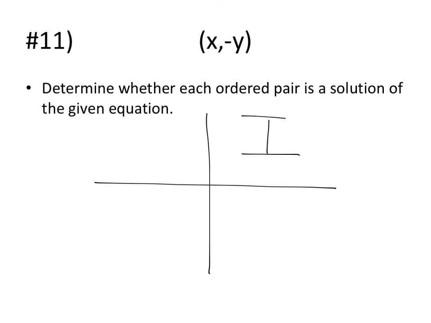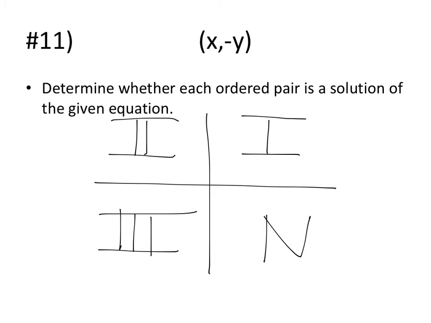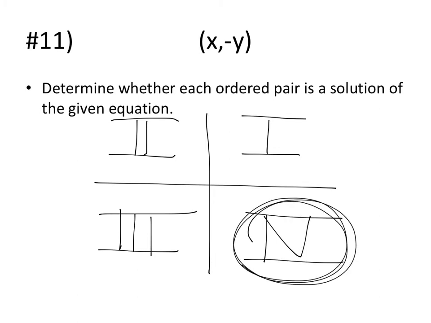So if we go 1, 2, 3, 4, which quadrant do we end up in? We end up in the 4th quadrant. So again, if x is positive, we go to the right, and if y is negative, we go down, so we end up in the 4th quadrant.